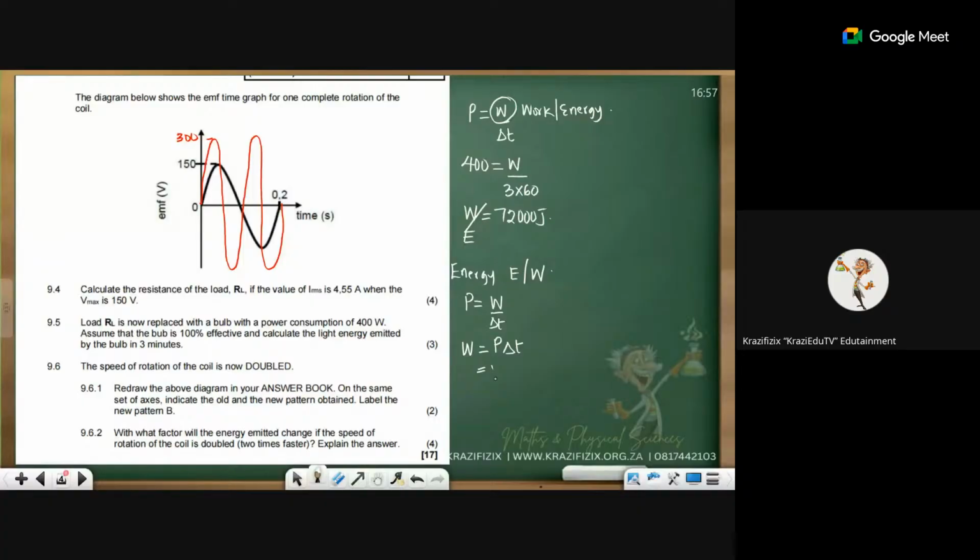But this power can be written as V squared over R, so W is V squared over R times delta T. That formula exists on the formula page. I do have a resistance, which is constant. What happens to the time? Okay, but what happens to the voltage? Voltage is doubled. How will that affect W? My new voltage is 2V, squared.